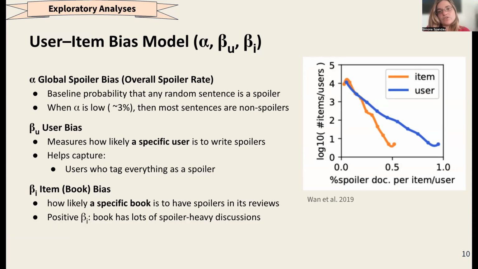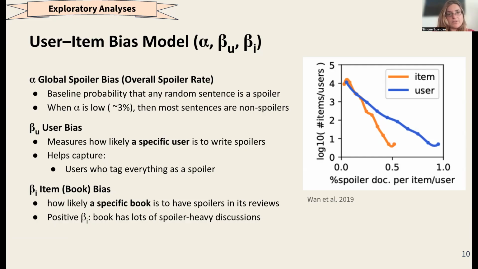Item, which is the book, is in orange, user is in blue. As you can see, there is a relationship between the specific book and/or the specific user, meaning the person who's giving the review. Some are more likely to give spoilers and some are less likely. So we decided to use this as a bias in our model.